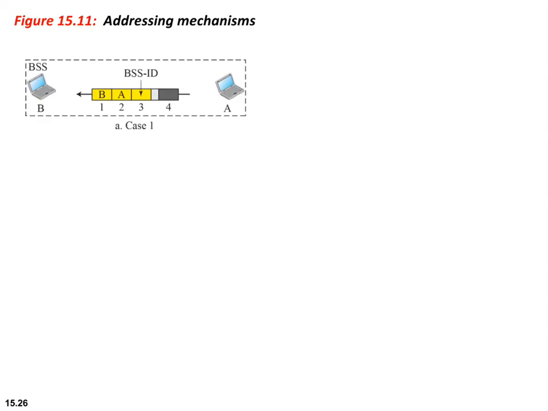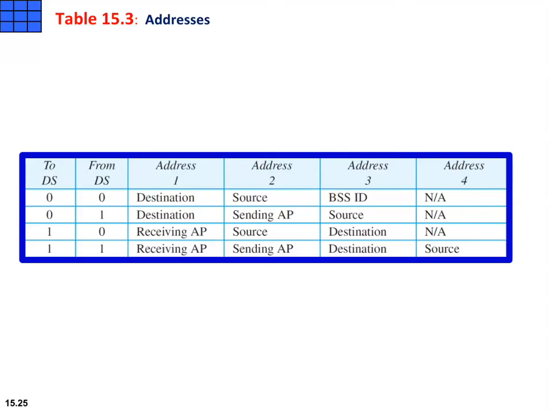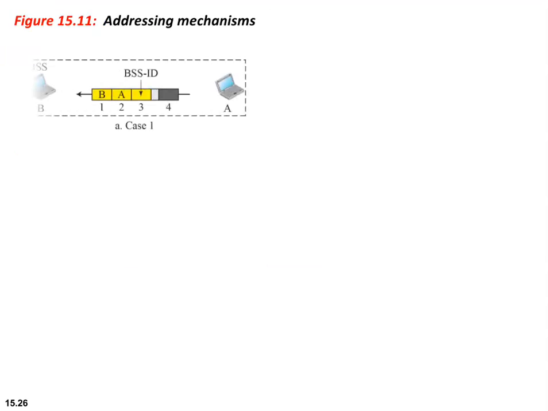So within a basic service set between stations A and B, address 1 will be the destination, address 2 will be the source, address 3 will be the BSS ID. So here address 1 is the destination, that is station B, address 2 is the source station, that is A, and this is the BSS ID.